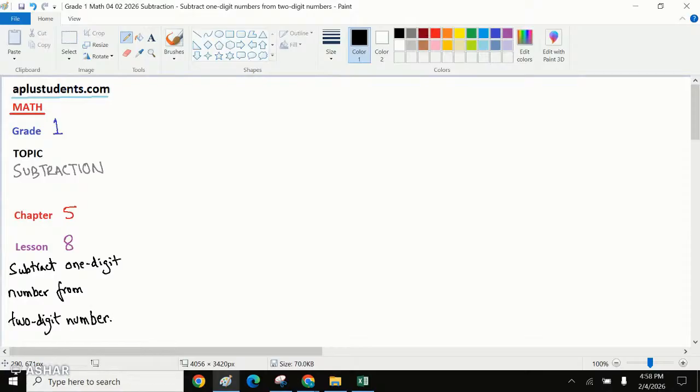Okay, let's see what digits are. First we will see what digits are. Welcome to the class. We go to grade 1, chapter 5, lesson number 8, and before starting we'll see what digits are.